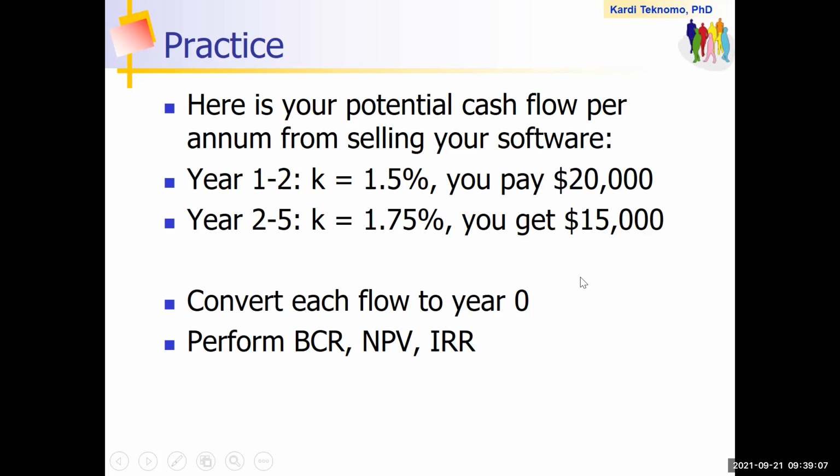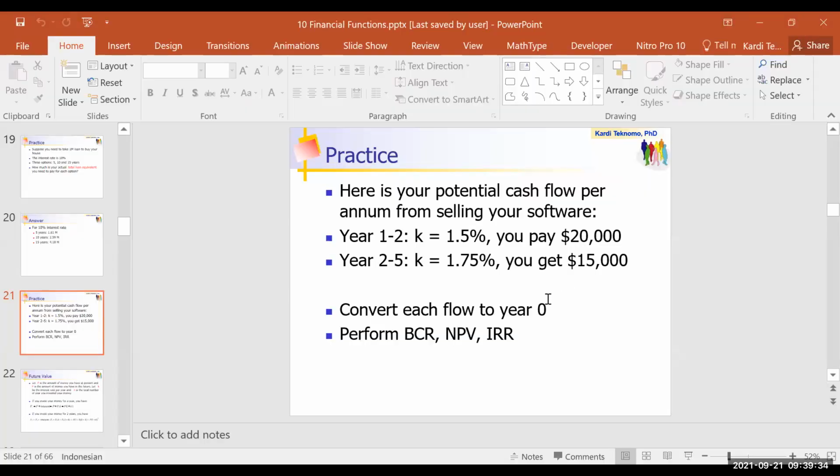So now, can you convert its flow to year 0? And then can you calculate the present value? So knowing the future value, can you calculate the present value?